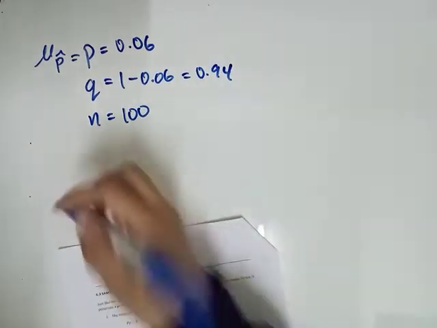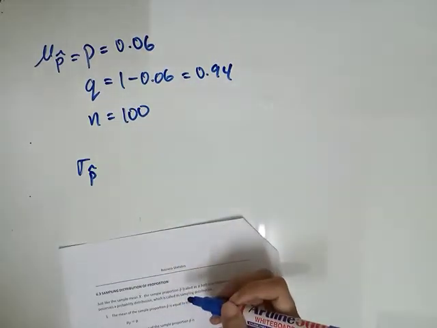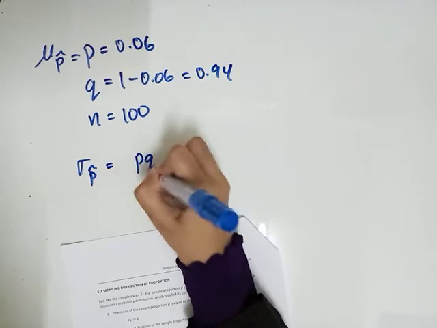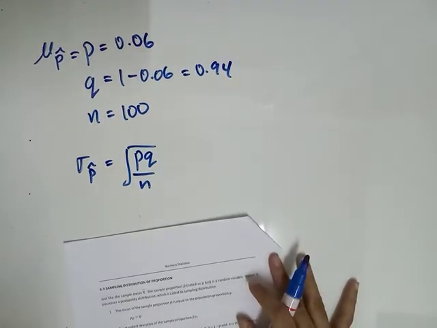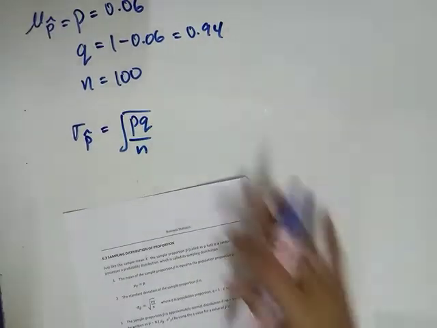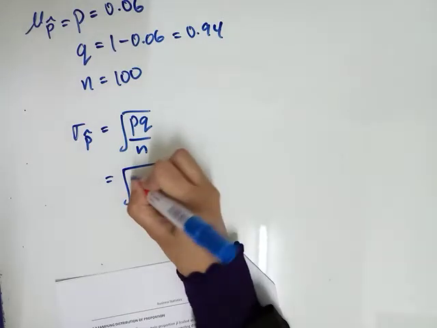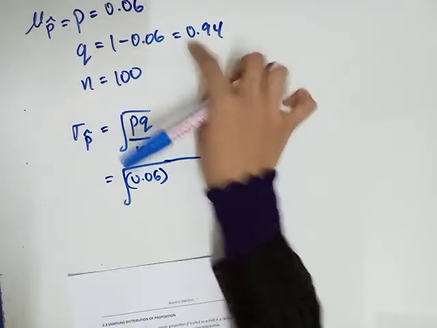So we need to find the standard deviation of the sample proportion by using the formula square root of P times Q divided by N. We know that P is 0.06, and then Q is 0.94.